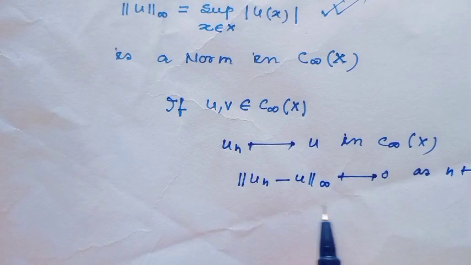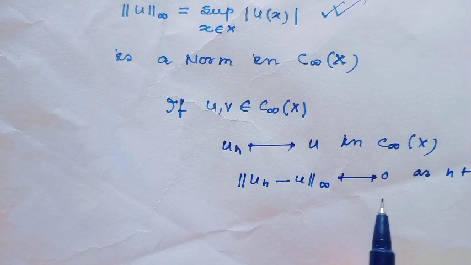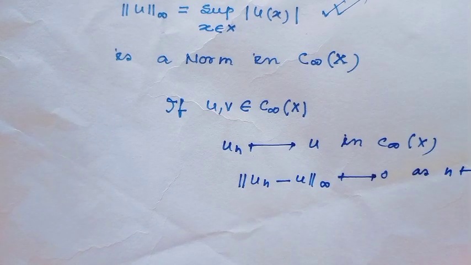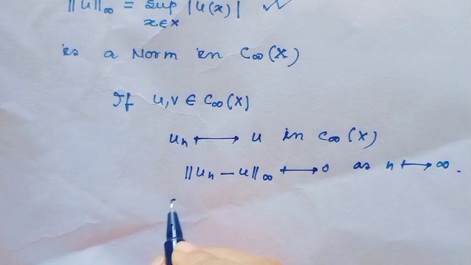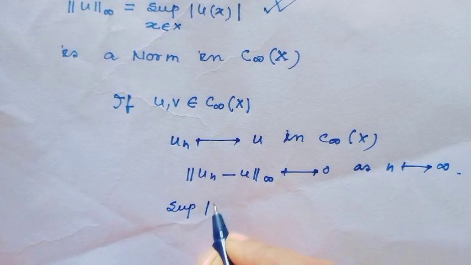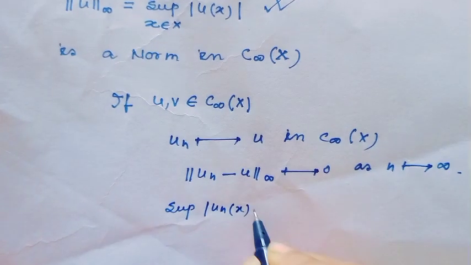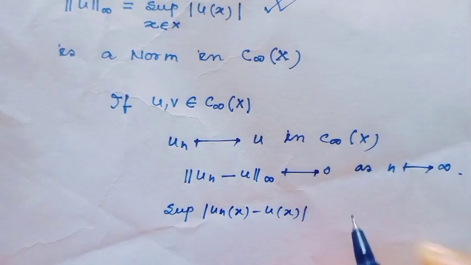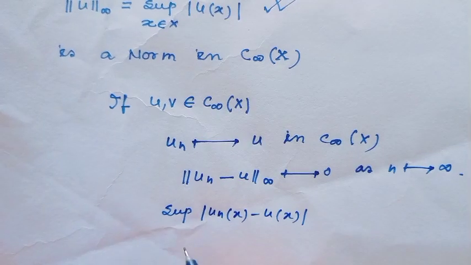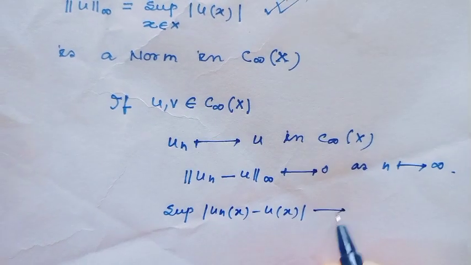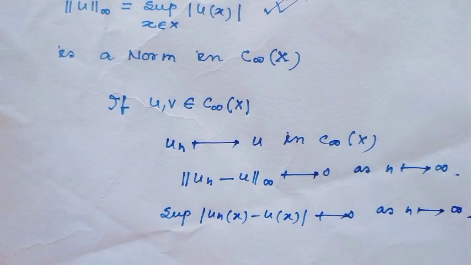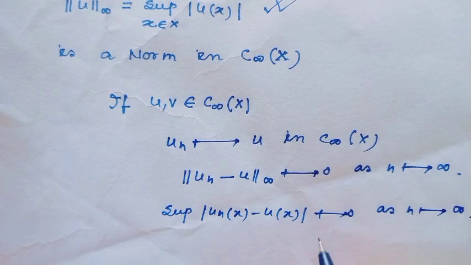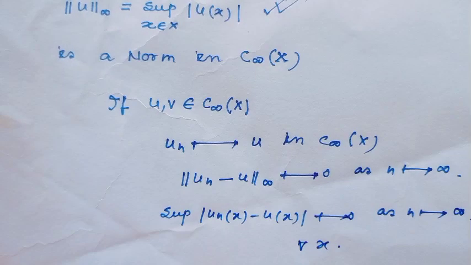That means the supremum of |un(x) - u(x)| tends to 0 as n tends to infinity. Okay? And this is true for all x.